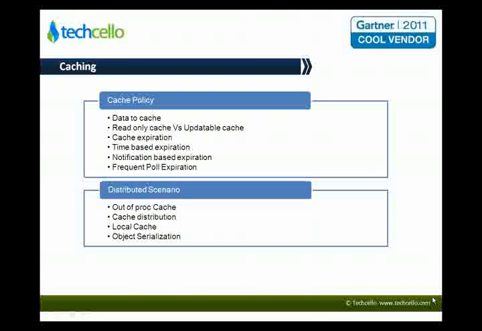But in a scaled out scenario, that is not going to work out, because you're going to have multiple machines reading the cache and writing back to it. So you will not have cache synchronization.